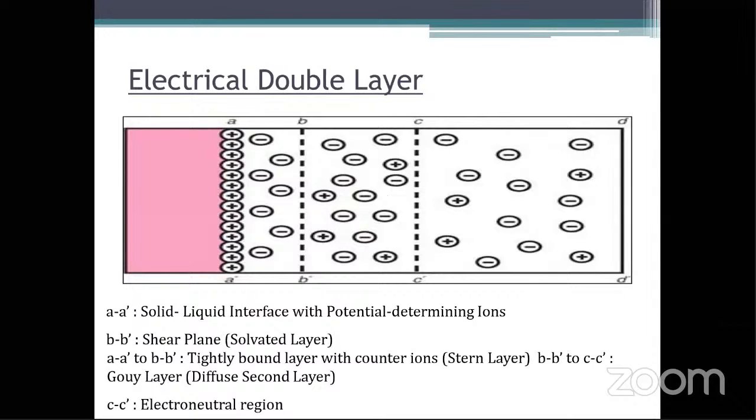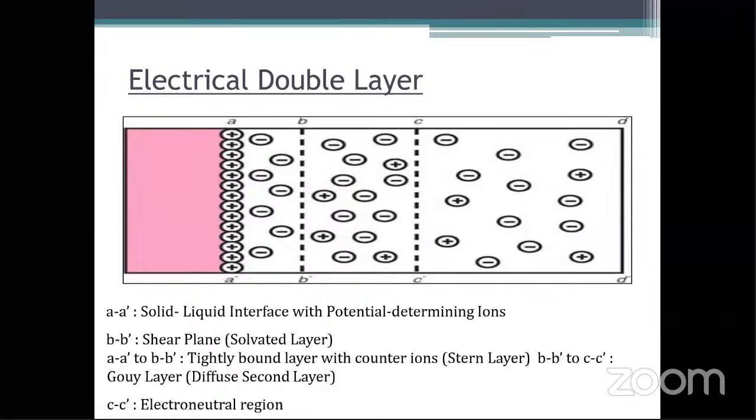Okay. Now, at and beyond CC dash, the distribution of ions is uniform. That means from CC dash to DD dash the distribution of ions is uniform. So on the whole, the system is electrically neutral. How is it possible?